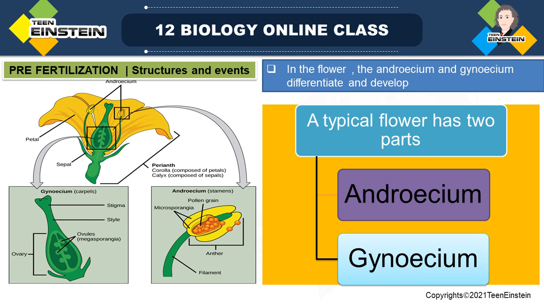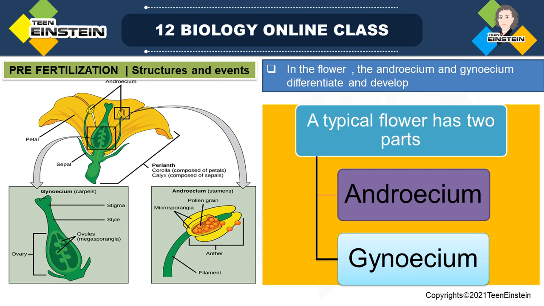And for reproduction we need androecium and gynoecium. So these both are called essential whorls of a flower, because these are the male and female structures. Without them, sexual reproduction is impossible.